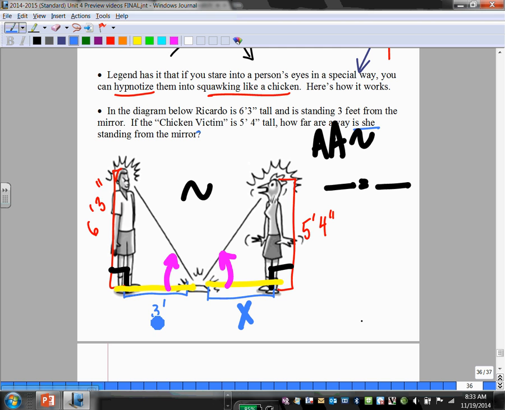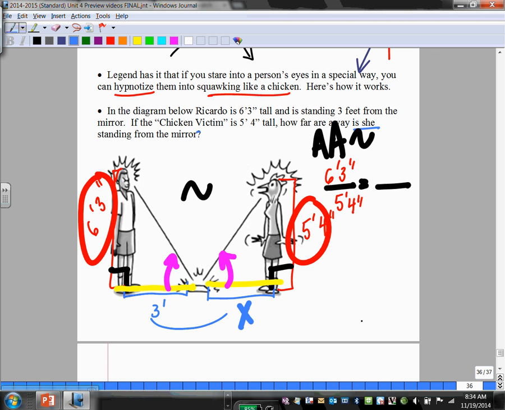All righty here. So I'm going to go height over height. So this is 6 feet 3 inches over 5 feet 4 inches equals distance over distance. Again, I'm going left to right, left to right.